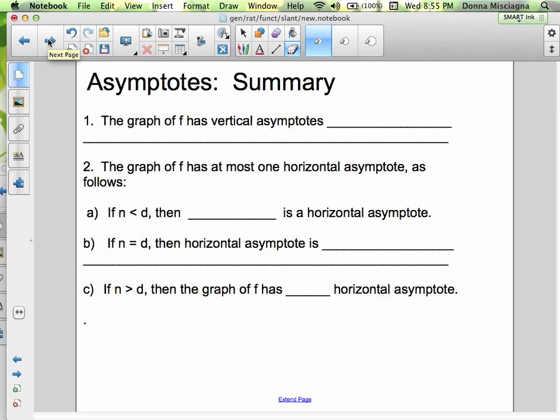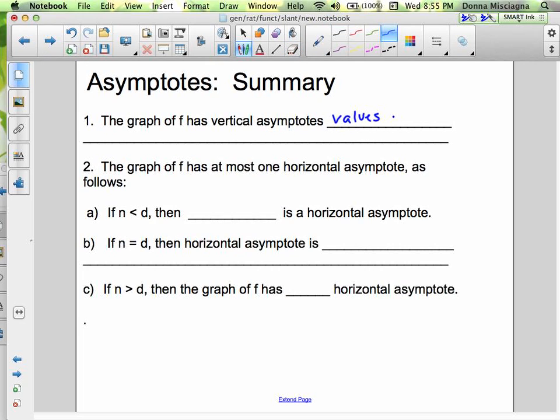So let's fill in some blanks together. So the graph of f has vertical asymptotes. So let's think, where do we have our vertical asymptotes? Well, it's for values of x. And actually, let me rewrite that just a little bit, because my u and my e just kind of blended together there.